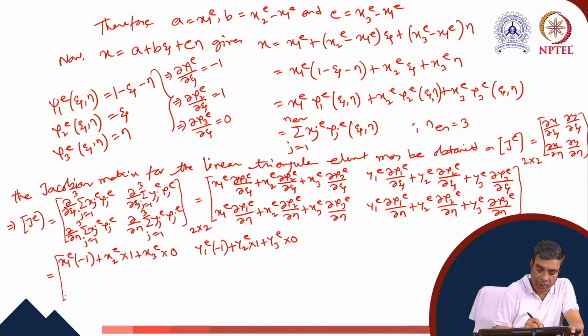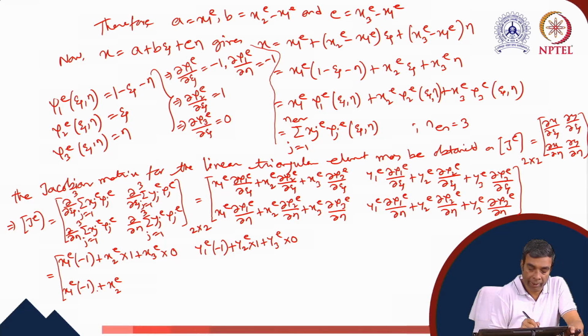In the second row, first term, we have x1e into del psi 1e del eta. Del psi 1e del eta is -1. So this is minus 1 plus x2e del psi 2e del eta.